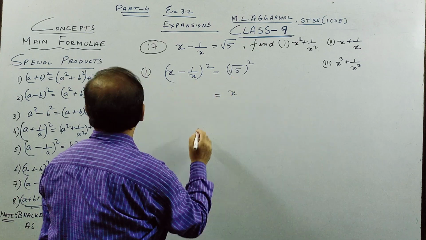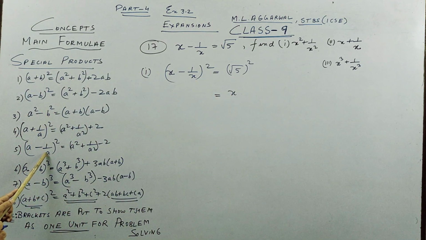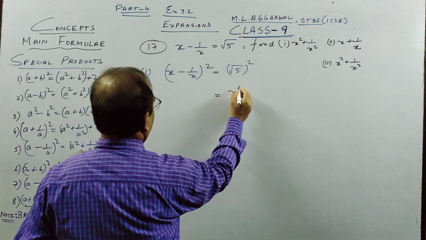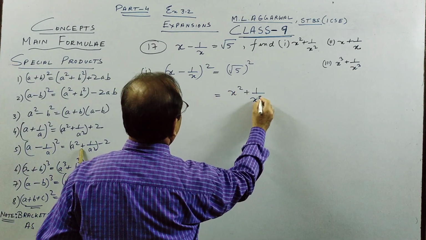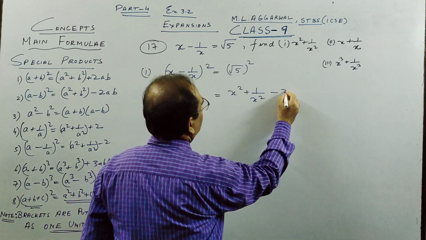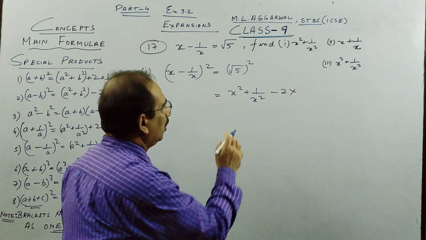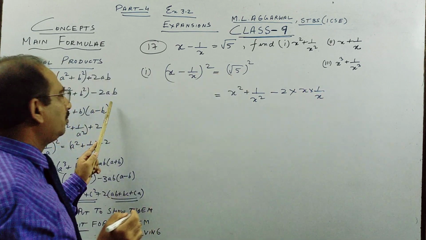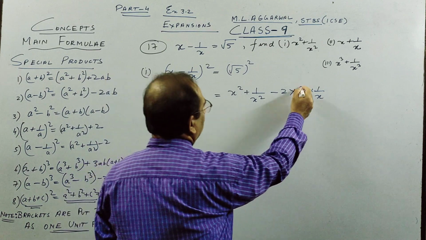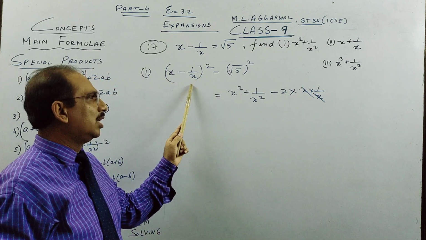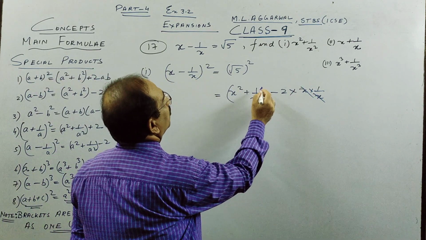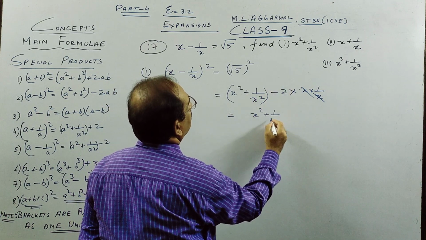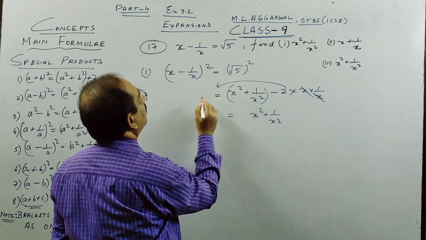So what happens here, we have a minus b whole square. This formula, if you want to see, it is x square plus 1 by x square minus 2. Actually what happens, children, here the term 2ab, a and b cancel because these two are reciprocal relationship. So I put a bracket here, we have to find this. You let it be on this side, this 2 you bring to this side.